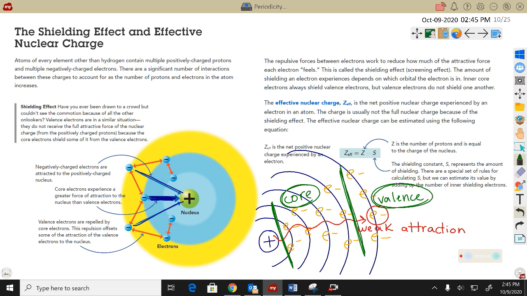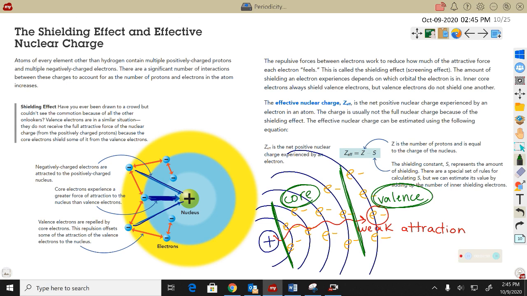So even in the 2nd energy level, the 2s and the 2p electrons really don't experience a whole lot of shielding either. But once you get to the outer orbitals, that's when we talk about shielding more. Once there's a lot of inner electrons and inner orbitals, the attraction between the nucleus and the outer electrons can be blocked.